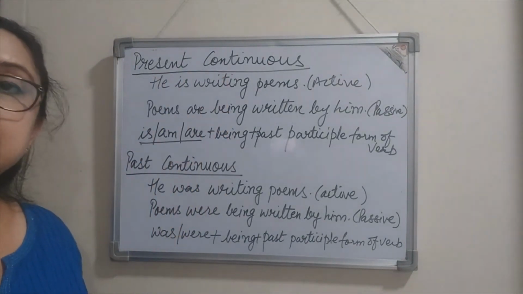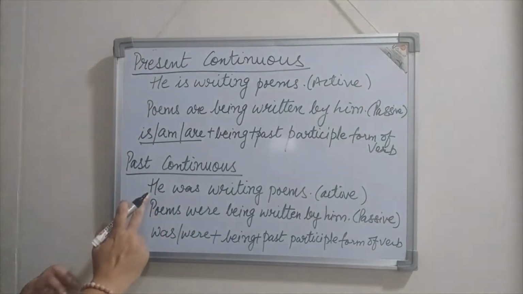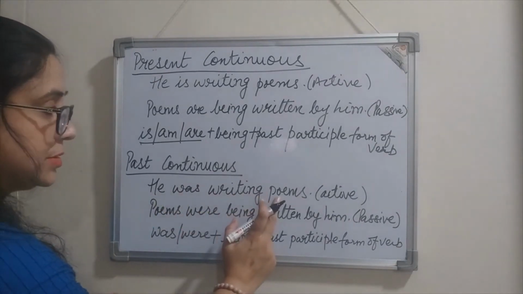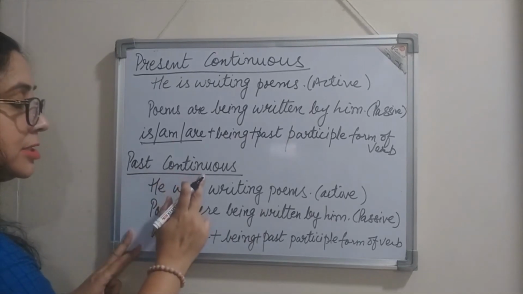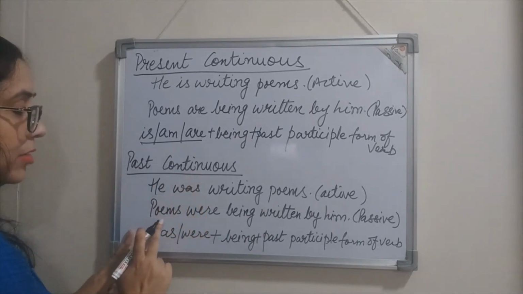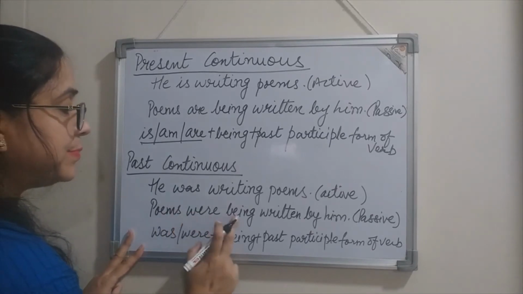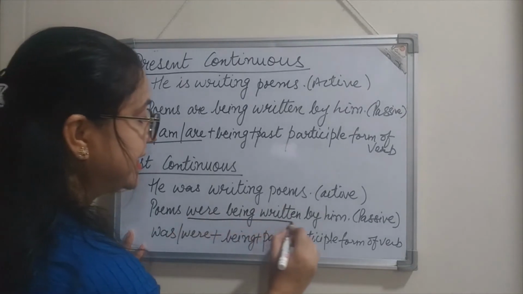So this is how we convert active voice into passive voice if the verb is in present continuous tense. Now let's see the same case with past continuous tense. So the sentence is he was writing poems, right? Here the verb is in past continuous tense. Now how do we change? Poems were being written by him. So were being written.